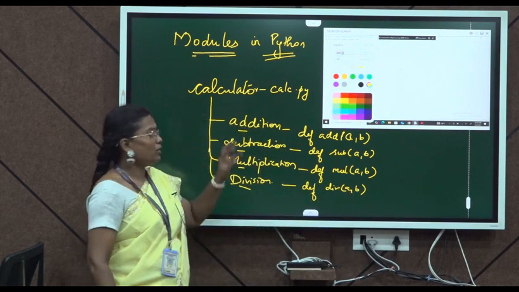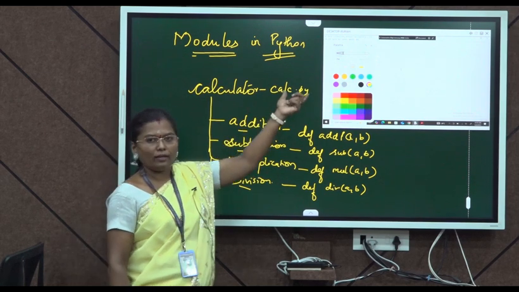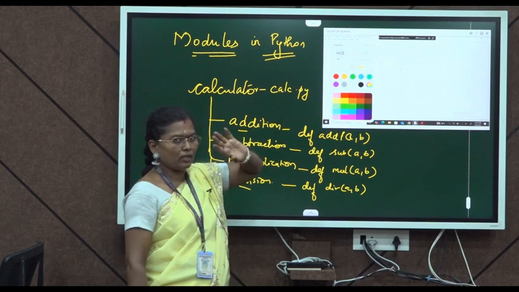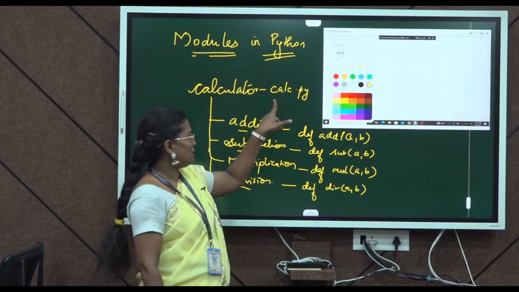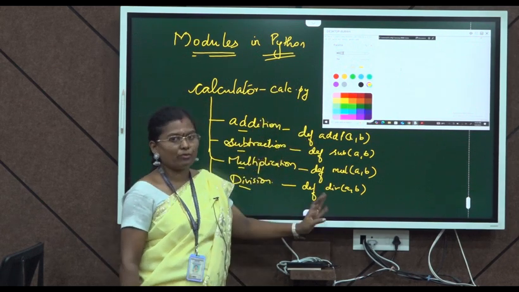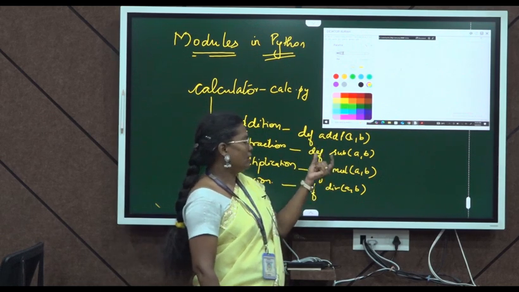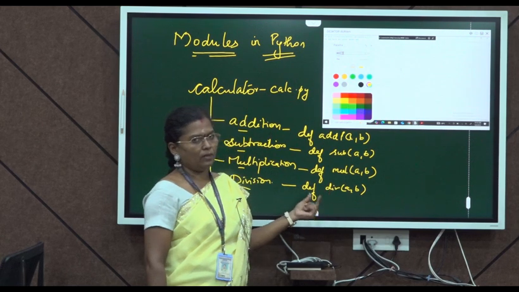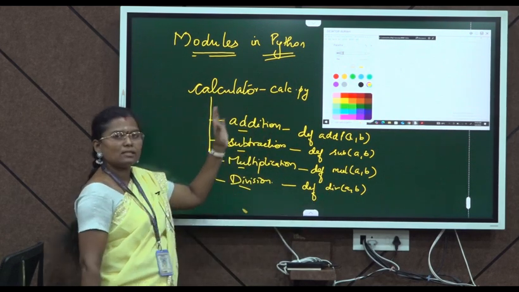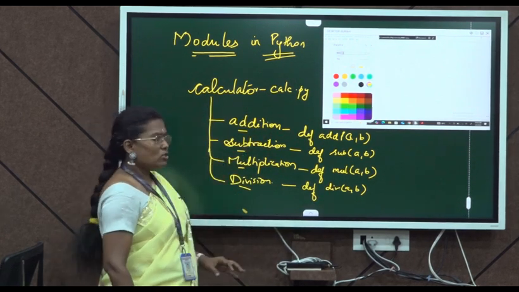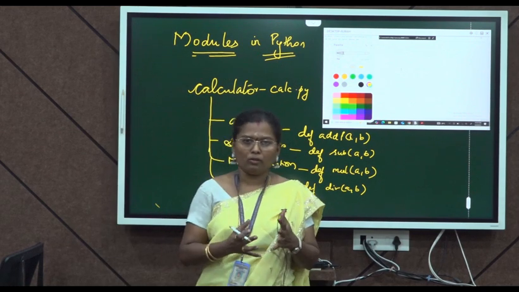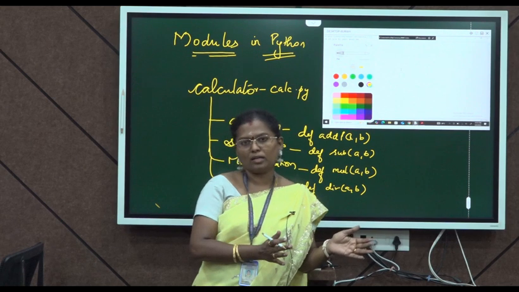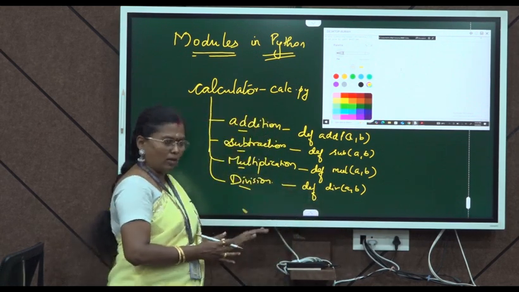So now we have a file called calc.py which describes the basic operations in a calculator, and this file has four different operations: add, sub, mul, and div. This is how this module is organized. Now we have understood what a module is: a file with a collection of functions.